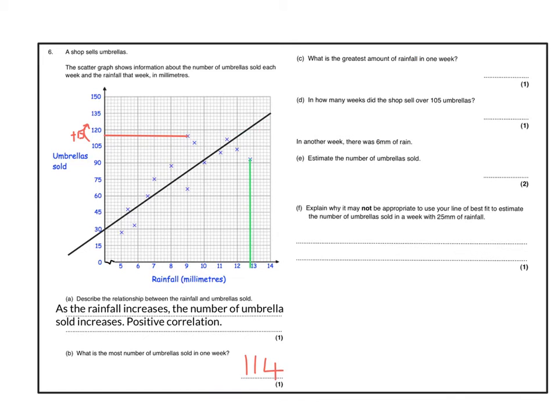So this time we're going up from 12 to 13. That's up 1, so each little square must be 0.2. So I've got 12.8 millimetres.